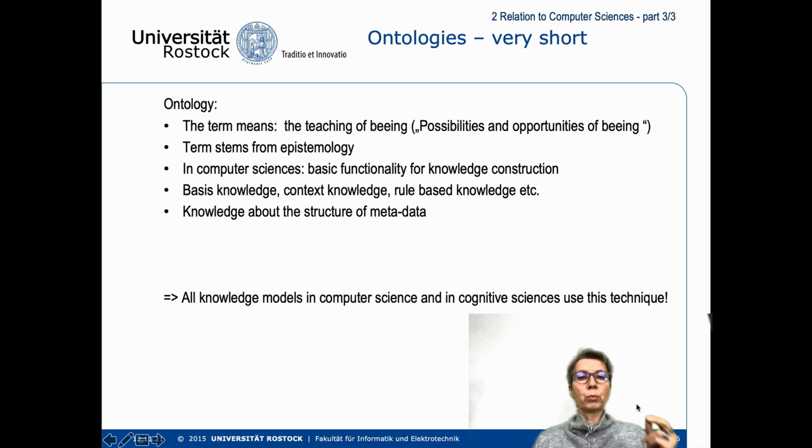Ontology in computer science means the basic knowledge, the context knowledge, the rule-based knowledge, the semantic knowledge, and so forth. So an ontology in computer science is mainly knowledge about the structure of data and of metadata.